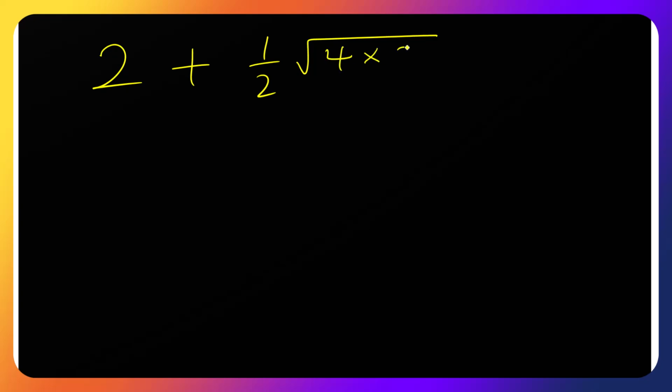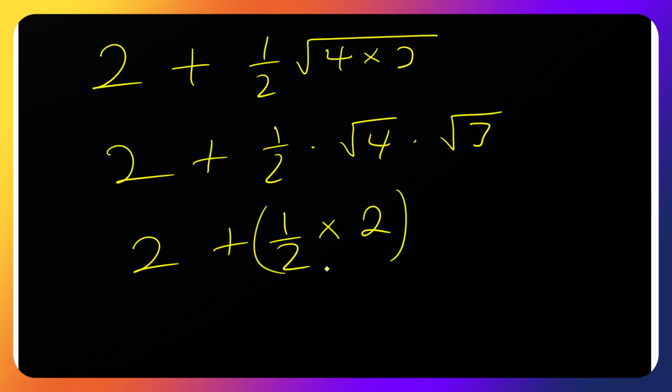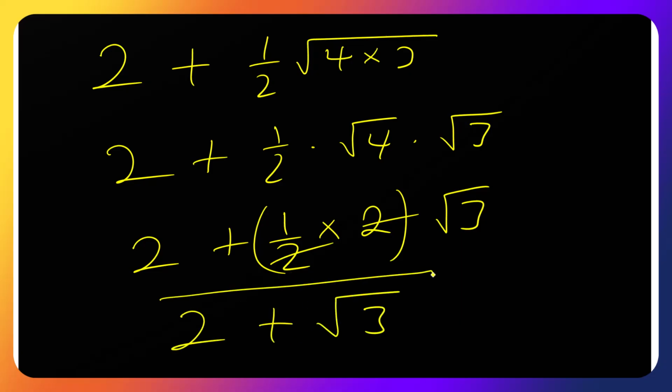Now the root 12 is the same as root 4 times root 3, so square root of 4 times square root of 3. This is a perfect square, 2, so times 2 root 3. And this one will go. So we have 2 plus root 3 as the answer.